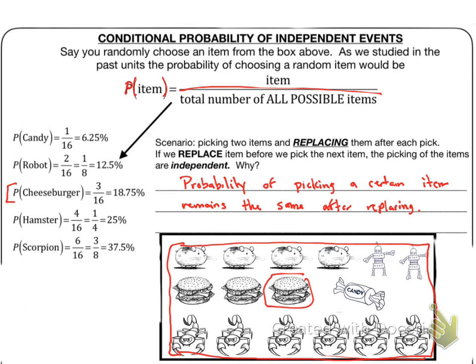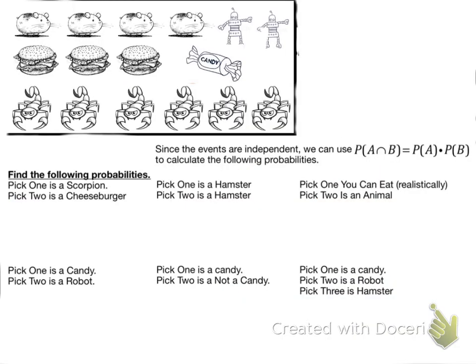Okay. Now let's look at some examples. For independent events, remember that we use the probability of A and B happening is equal to the probability of A times the probability of B by itself.